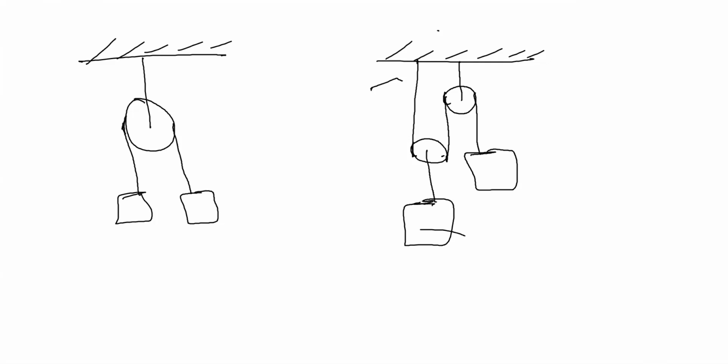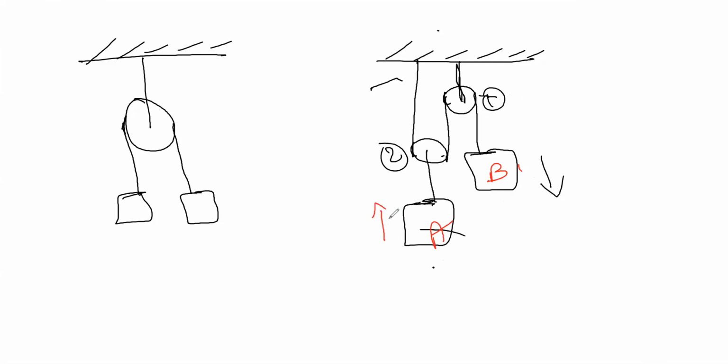So here, what is the difference between the first diagram and the second diagram? There are two pulleys in the second diagram. Now, in the first diagram, the pulley is fixed, right? The pulley is not moving. But in the second diagram, there are two pulleys, first pulley and second pulley. First pulley is fixed, okay? But the second pulley is moving. When suppose A and B, when B block moves down, A block will go up.